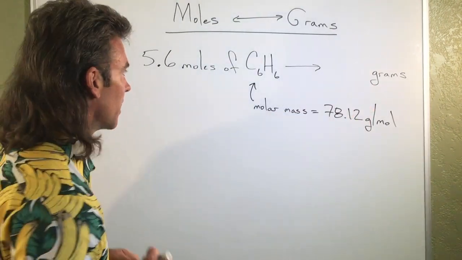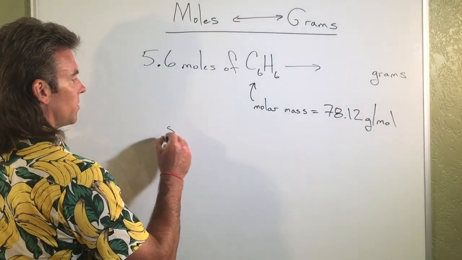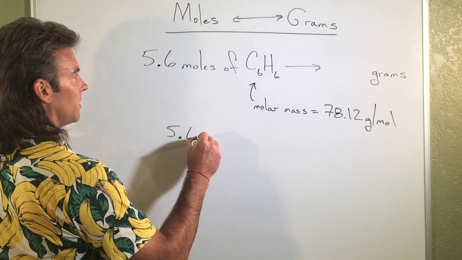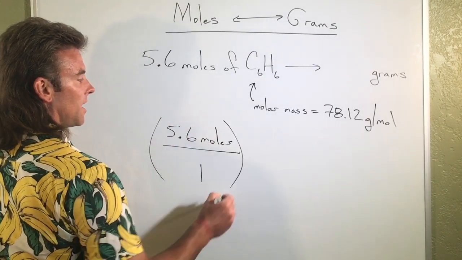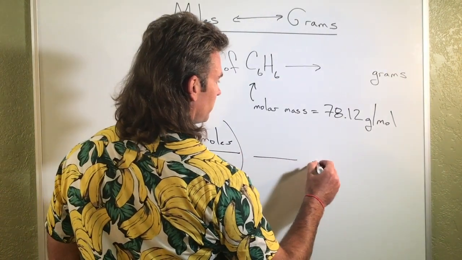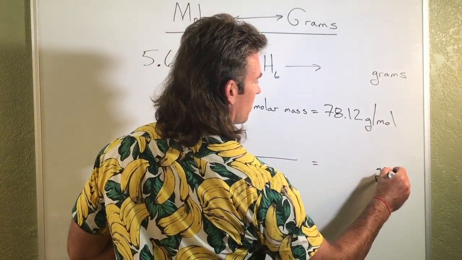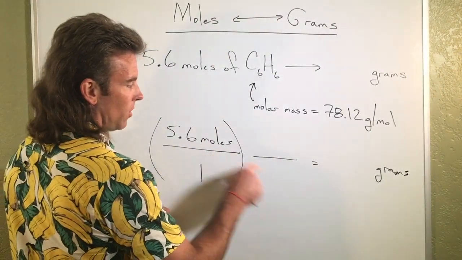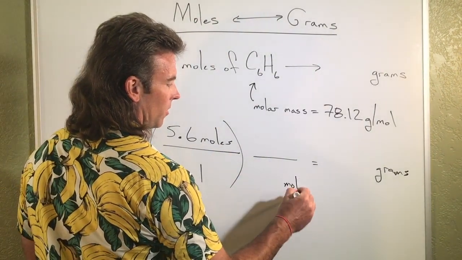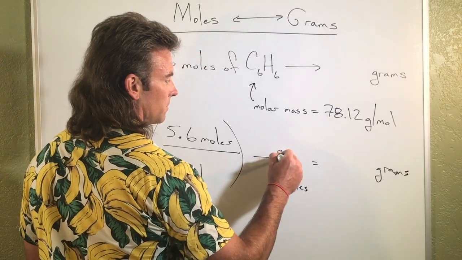In this case, we're going to go from moles to grams, and you'll notice that the setup is no different than we saw before in terms of setting things over 1 and setting things up in terms of the units you would like to go to.